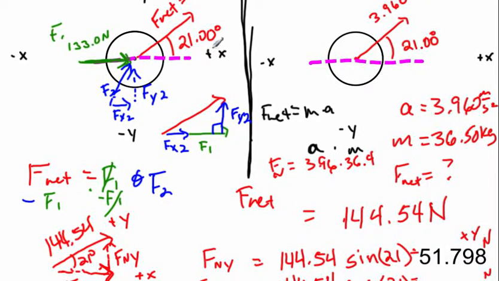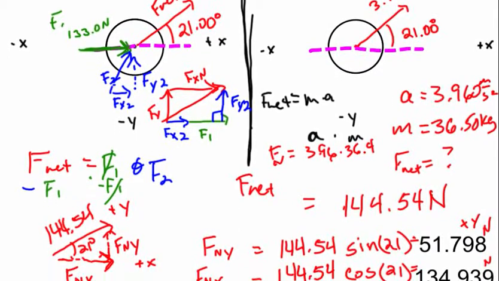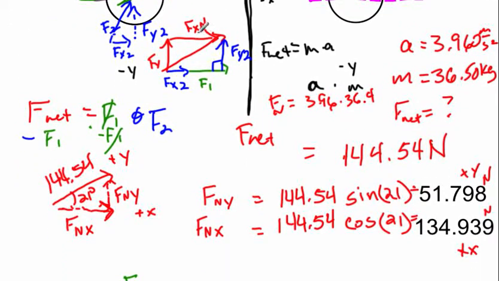Okay, so that's what we're doing here. We're just saying, oh, well this F net had an X and a Y component as well. This is Fx of the net and Fy of the net. We're saying, what's Fx net minus the F1? And that should get us our Fx2. So the Fx net minus the F1, we'll get this little part right here.